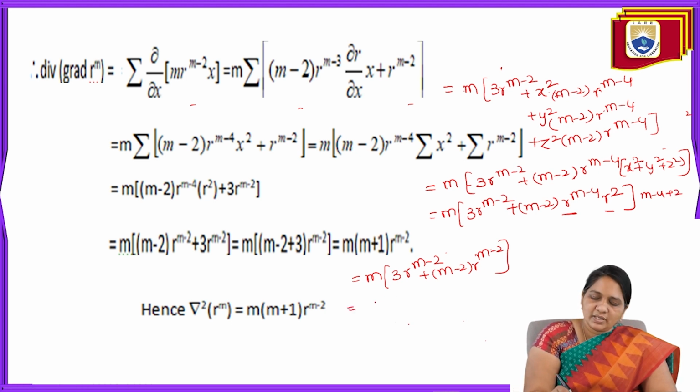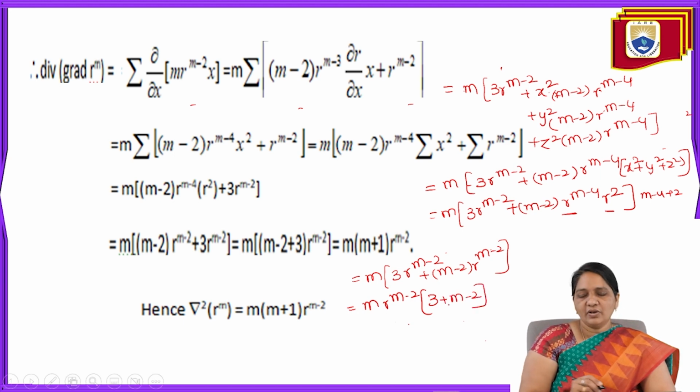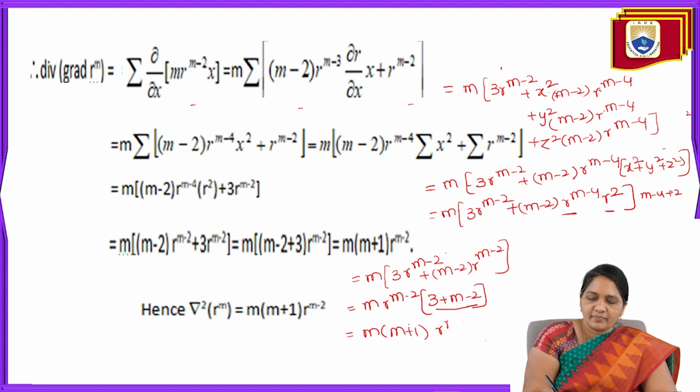So now m into r power m minus 2 is common, right? Remaining 3 plus m minus 2. What is this value? 3 minus 2 is plus 1. So m into m plus 1 into r power m minus 2. This is the value of del square r power m.